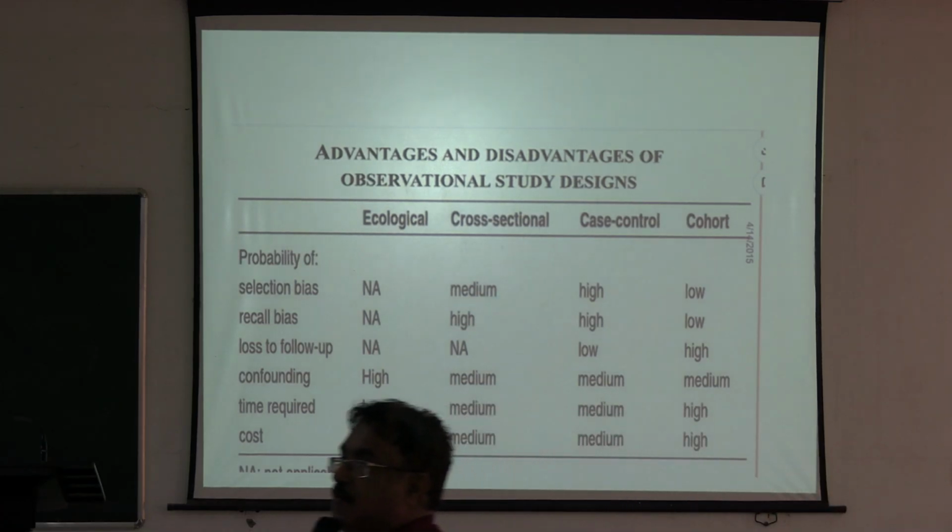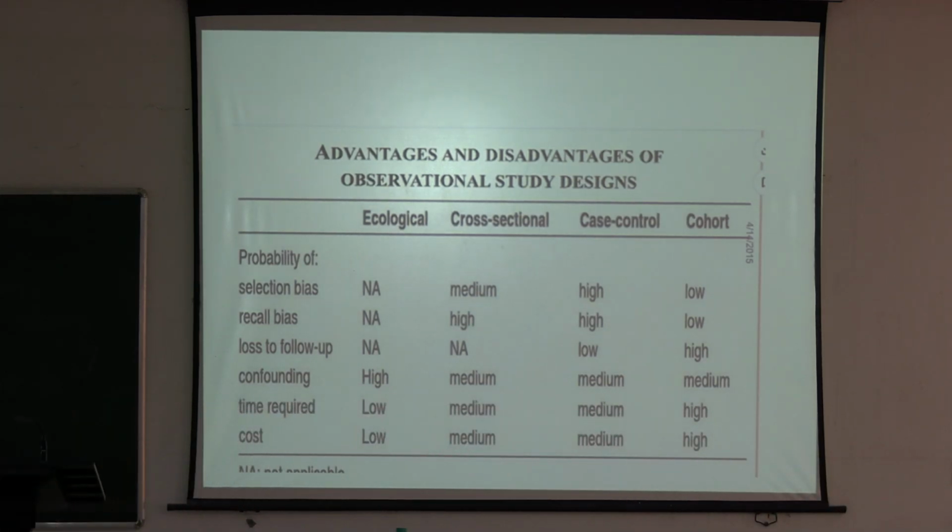Now, what is recall bias? When you take a history of a patient, you ask the patient about the past history, right? Yes or no? You ask the question, but he may not remember. He might forget. For example, somebody comes with some neurological problem.